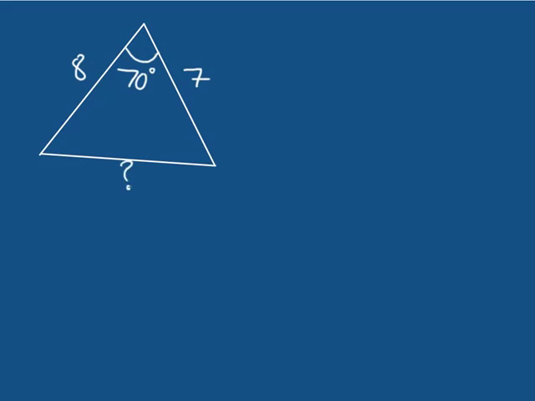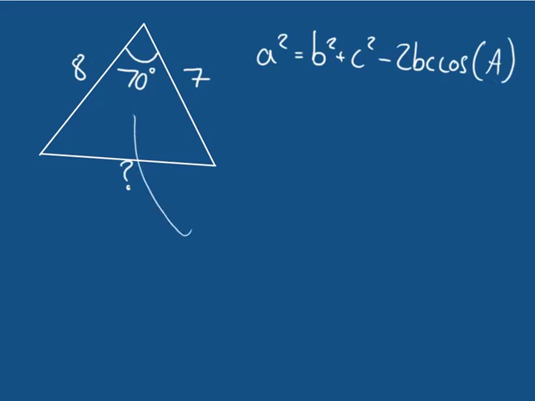and I'd like us to find the length of this unknown edge. Now again, our cosine rule is a squared is equal to b squared plus c squared minus 2bc cosine of A. Now the only angle in this triangle that we know is that 70 degrees. So that's going to be the angle which gets a capital A. Therefore, the edge that we're trying to find is our lowercase a, and our edge of 8 and edge of 7 are going to be our B and C edges.